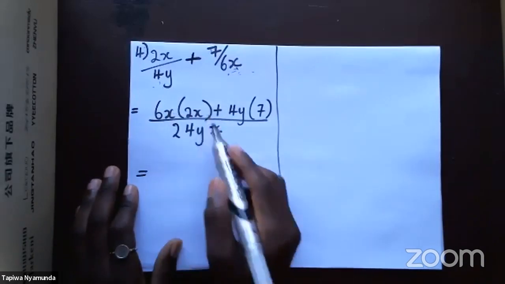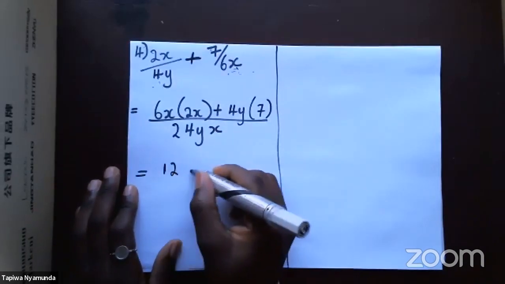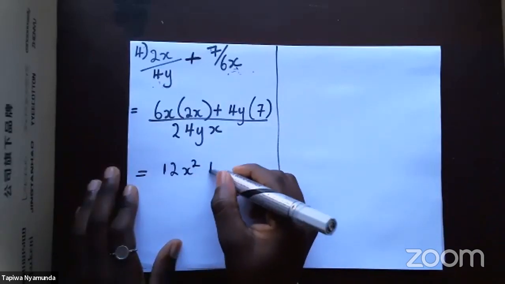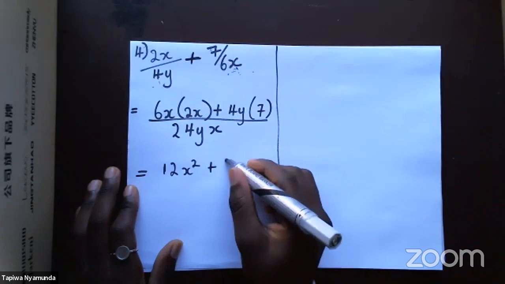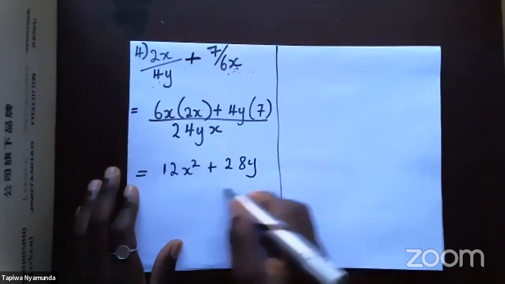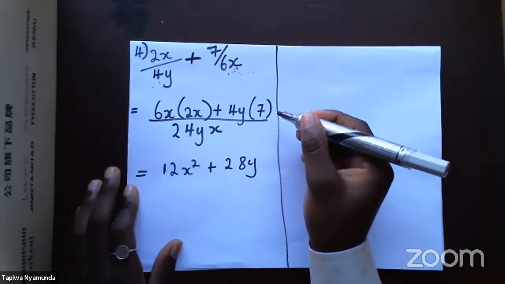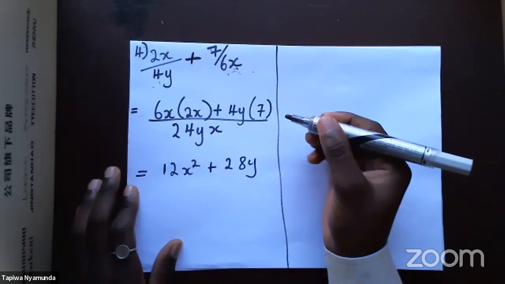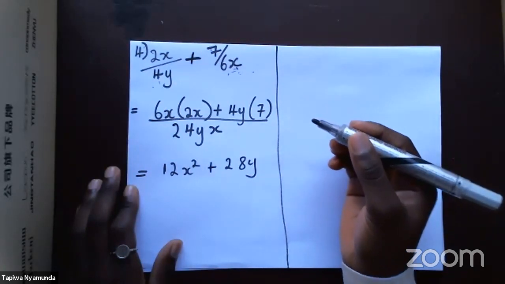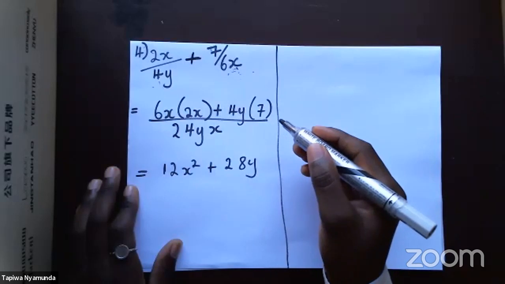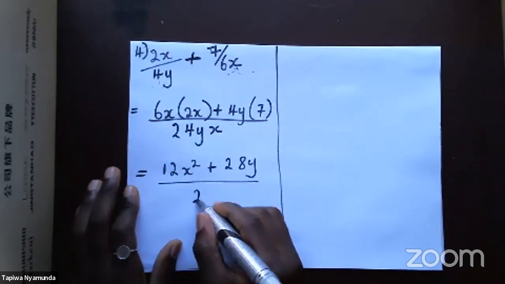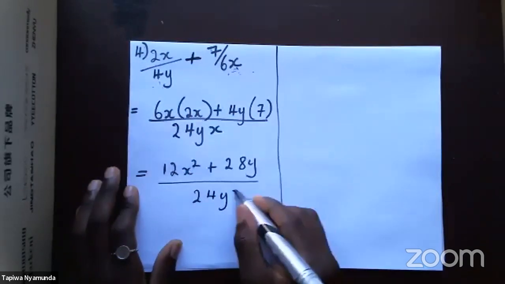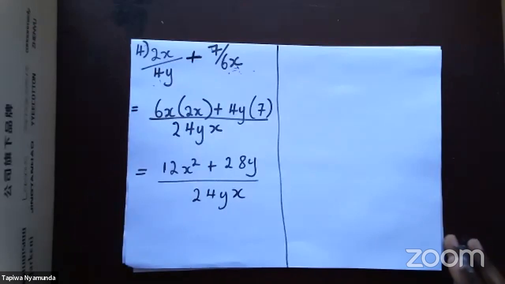This is going to be 4x plus 7 multiplied by 4, I'm going to get 28y. Like this. Okay, so this is the situation we have. Everything divided by 4y.